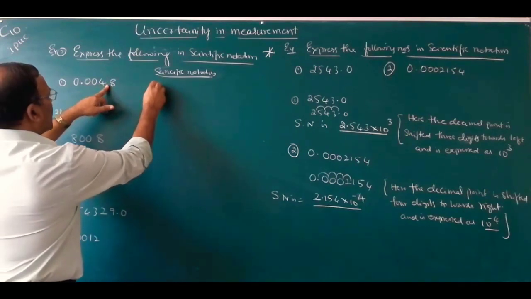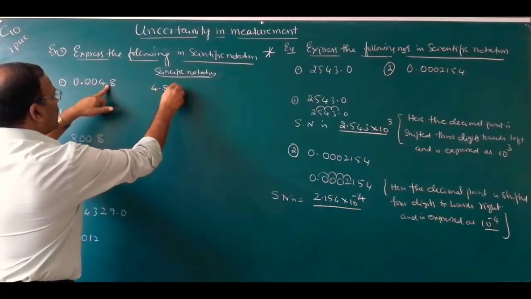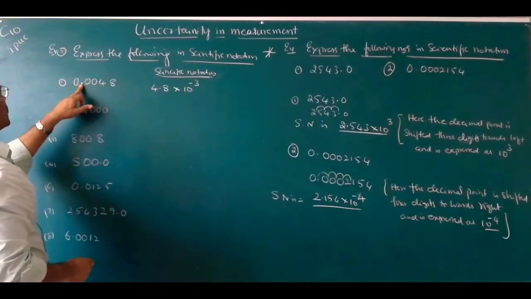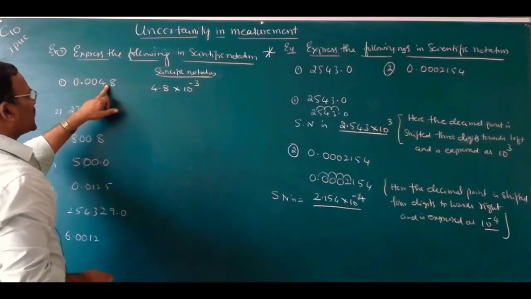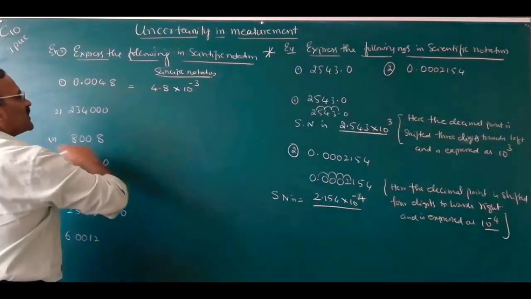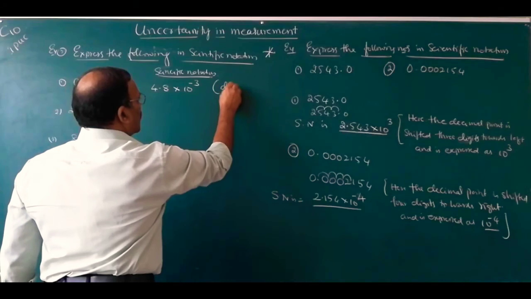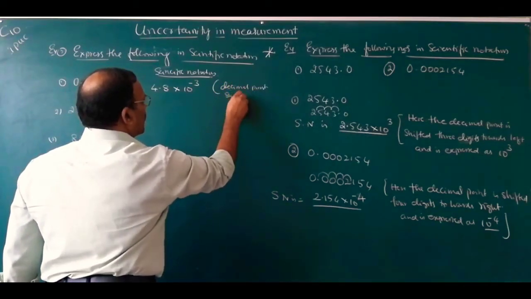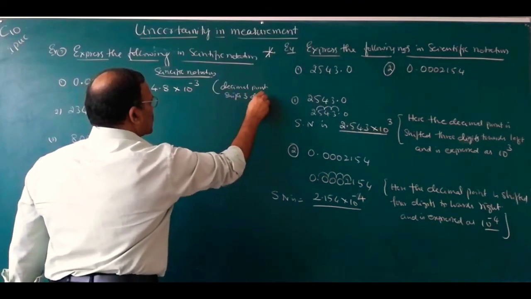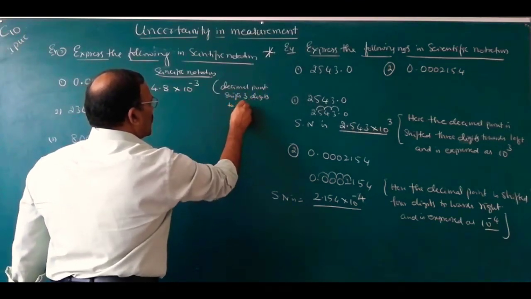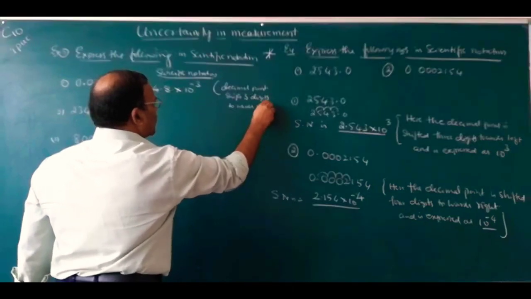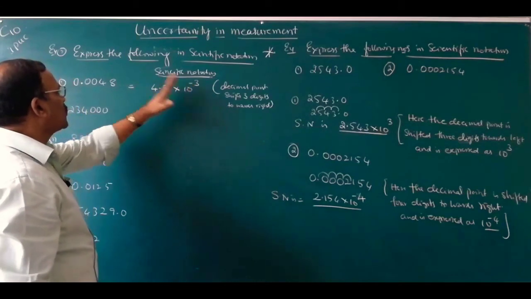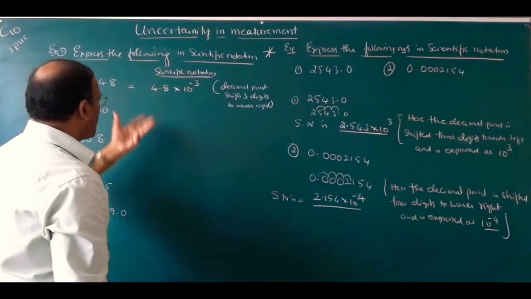Therefore, it can be written as 4.8 into 10 to the power of -3, since the decimal point is shifted towards right. Towards right means 10 to the power of -3. Towards left, 10 to the power of plus.